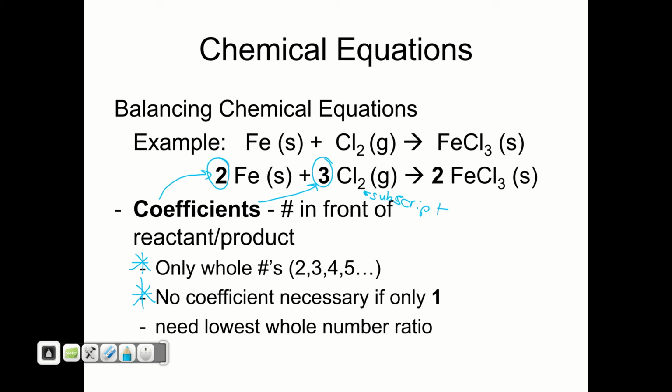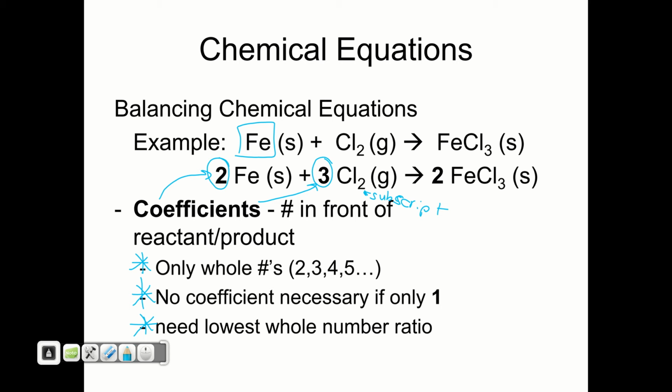If I'm writing iron up here, clearly I have at least 1. So all I need to do is tell you if I need another one, if I need 2, 3, 4, 5, and 6. And like chemical formulas, we need to have the lowest whole number ratio of these coefficients.